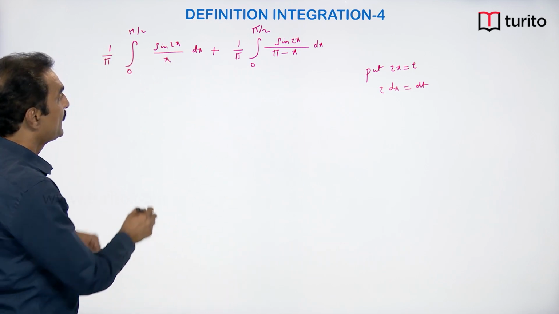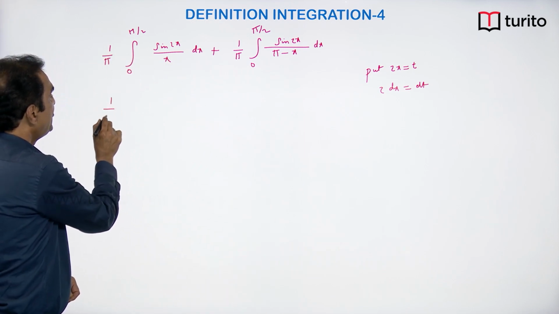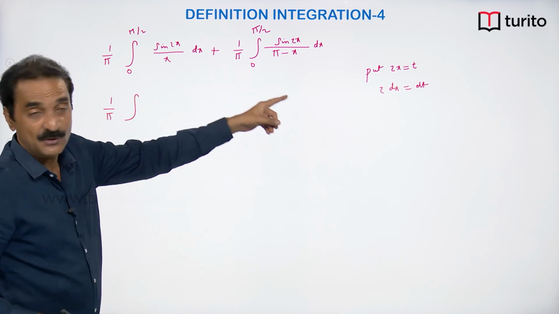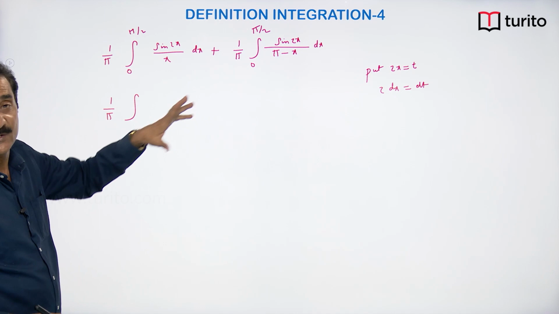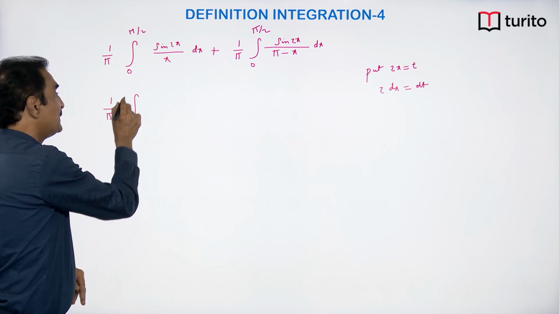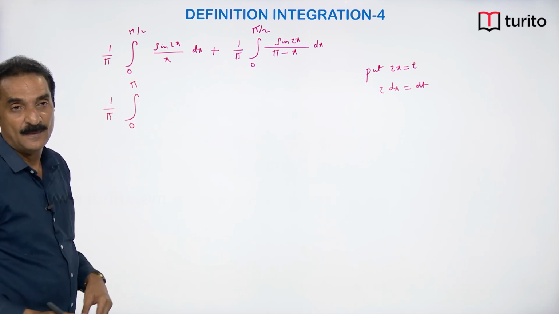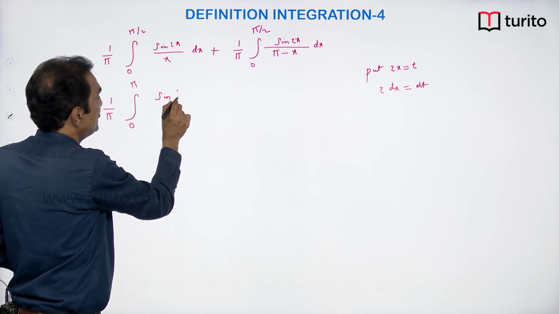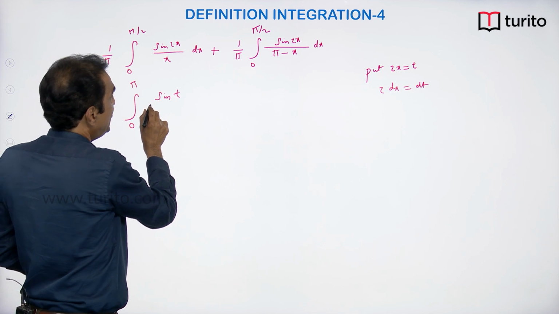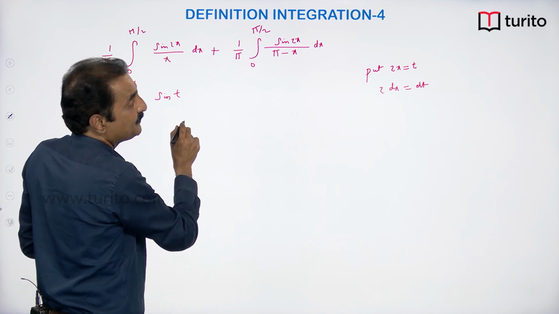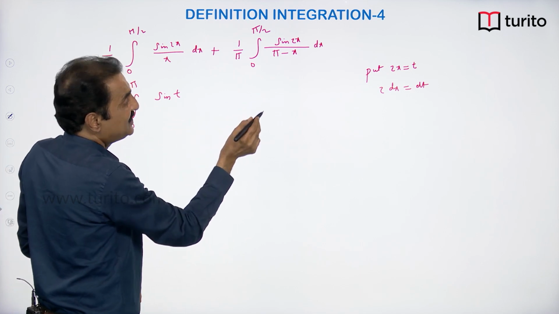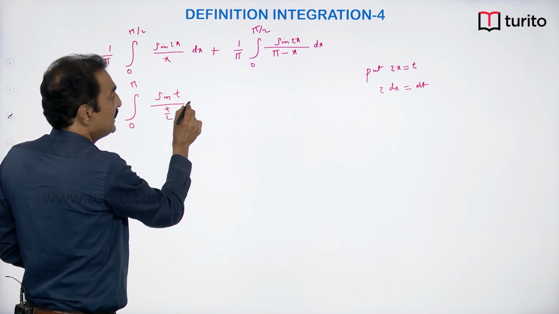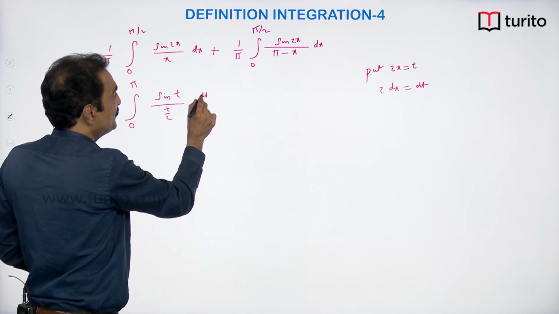Then this will be 1 by pi into, what will be the new limits? If x is 0, t is 0; if x is pi by 2, t is pi. So you will get the limits 0 to pi. This becomes sin t by x, which is t by 2, and dx is dt by 2.